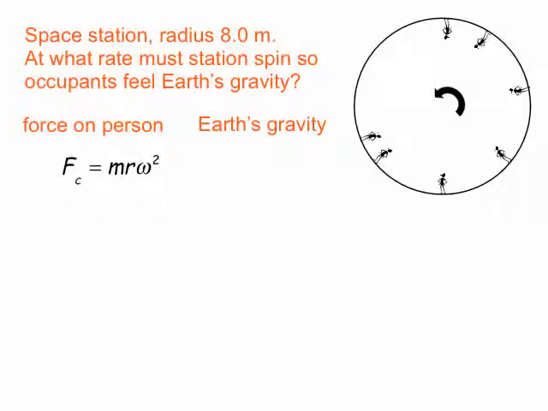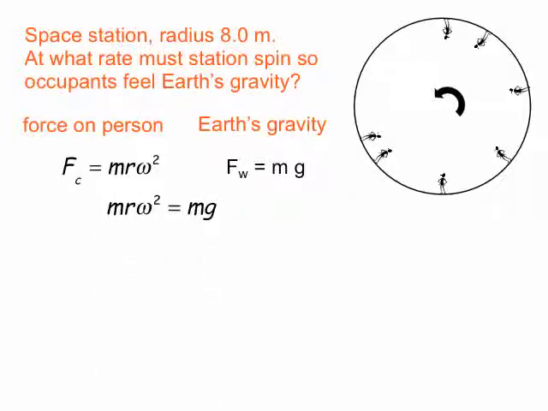So let's do some comparisons. We need a force on the person and the Earth's gravity. So force on the person is obviously the centripetal force. Okay, we have that figured out. Earth's gravity is mg.